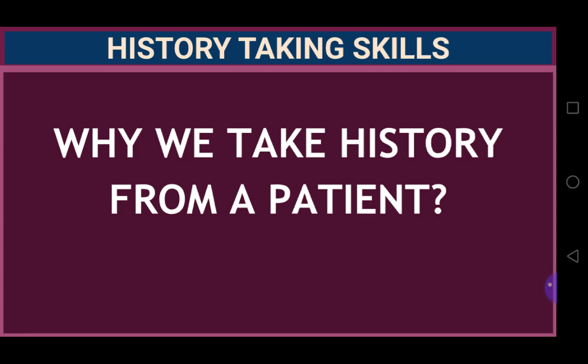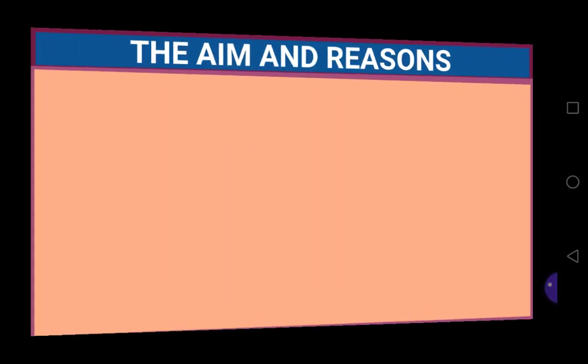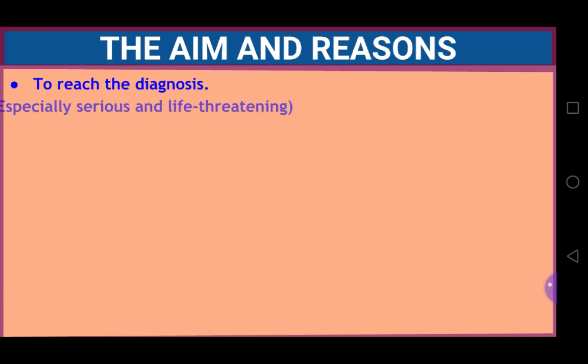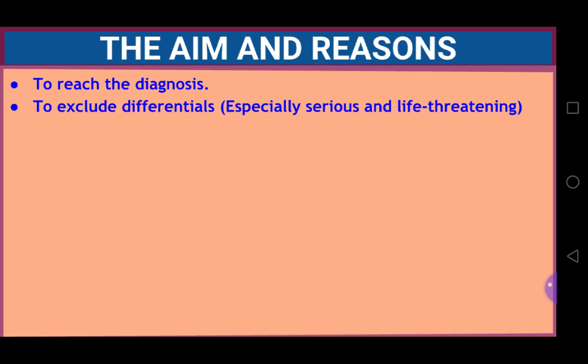Almost all of us know that we take history to reach the diagnosis and to exclude differentials, especially serious and life-threatening conditions. But the aims and reasons go much beyond just making a diagnosis.